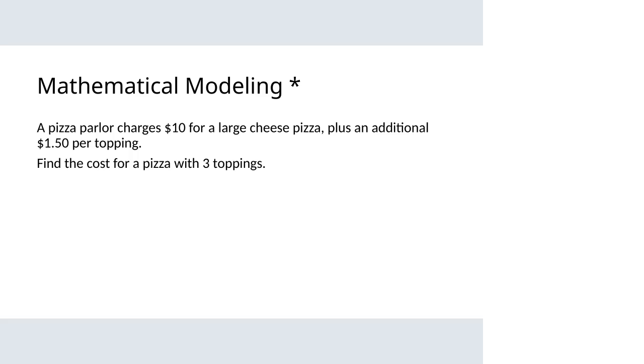So we're using a mathematical model to answer a question. How much would a pizza with 3 toppings cost? Primarily what we're focused on here is the concept of using an equation to represent a real world situation.